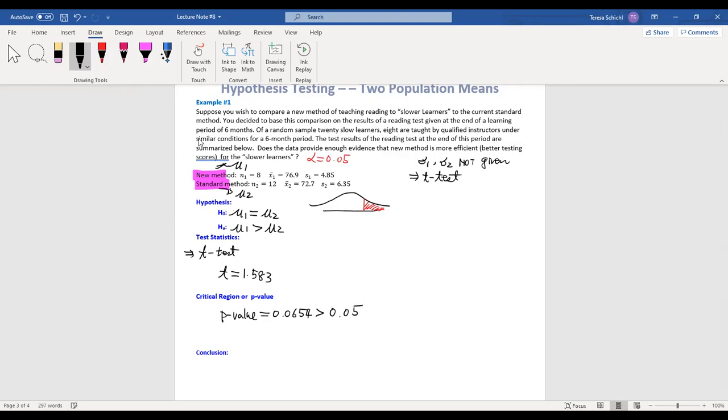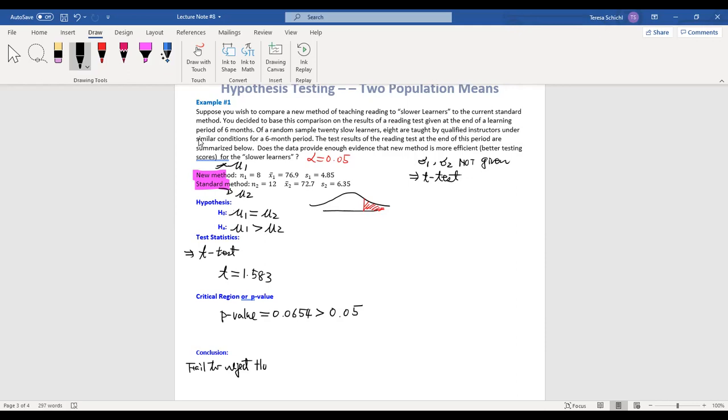So what is our conclusion here? Our conclusion is fail to reject H0, right? So what does fail to reject H0 mean?